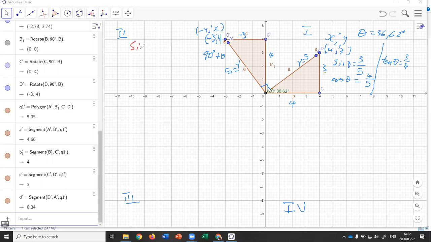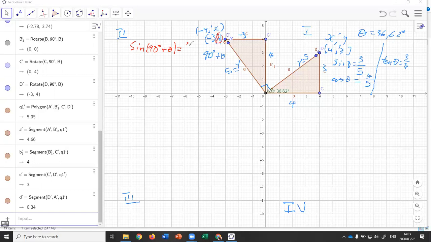So if I look for sine 90 plus theta, what has happened to y? Let's see. What has happened to y in that case? The y value, we can see it is positive here. It is, but I want you to look at it in this case.